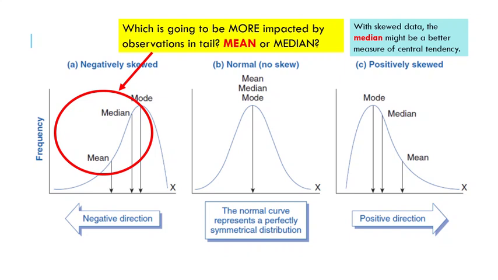Well, median might be more useful. And that's why sometimes you see medians reported instead of mean. Again, it depends on what you're trying to convey, and it also depends on what you think your distribution looks like. And if you think it's not symmetric and it is skewed, then median could be very useful.